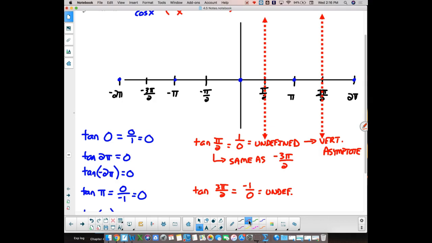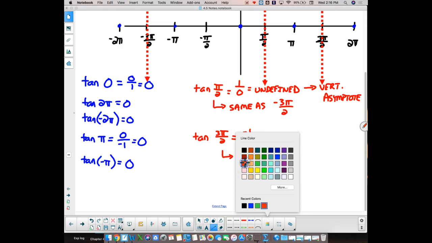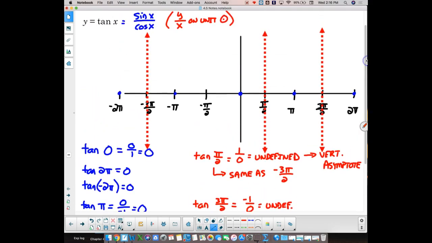So at negative 3 pi over 2, there would also be a vertical asymptote. 3 pi over 2 is the same as what? That one's negative pi over 2.